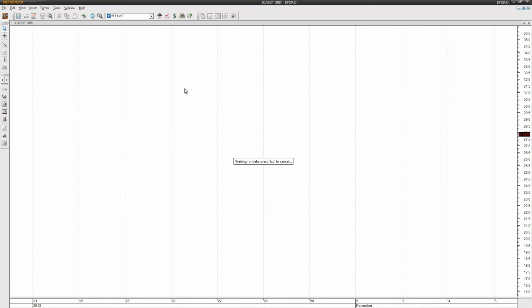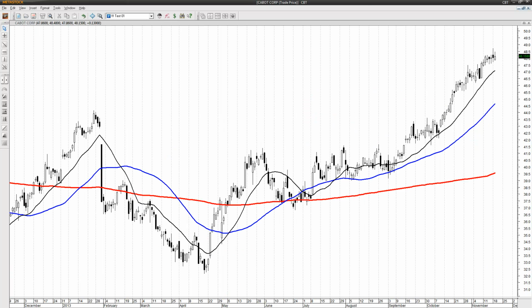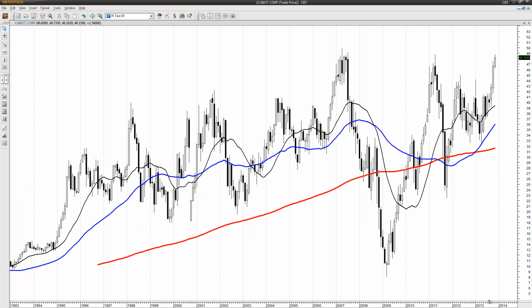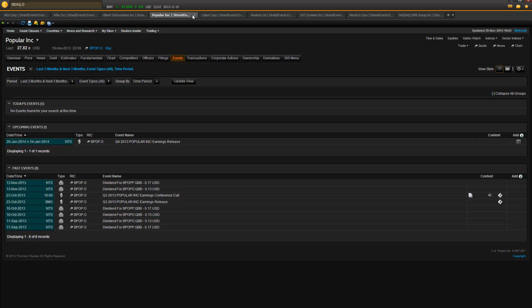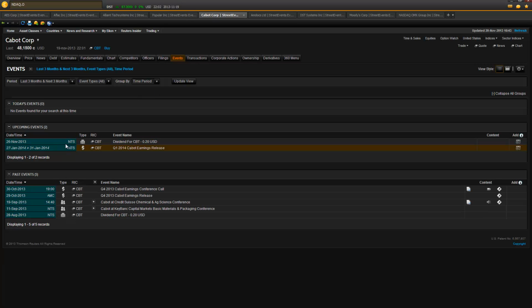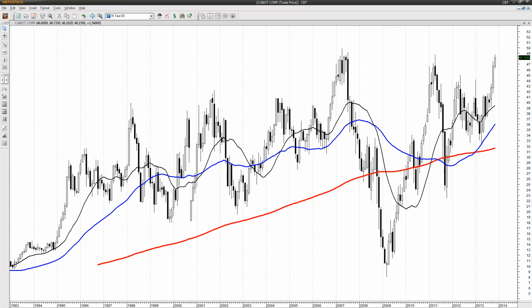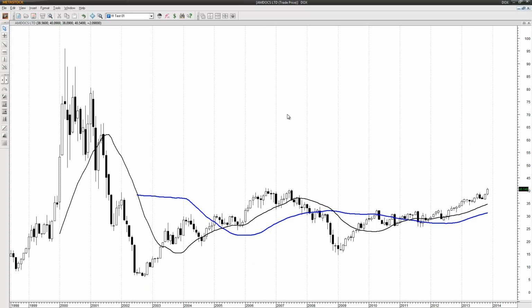Next chart, Cabot Corporation. Change to the monthly data. You can see here we got a high peak in 2007, 49.87. Check for earnings for Cabot Corporation. No earnings. Close in time. Amdocs, you get a high peak here, 41.01 from 2006. That's where I put in my short sell limit order.